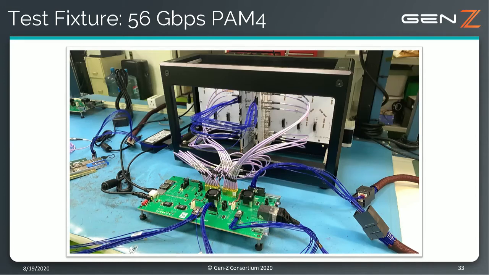There, we take 2 of those signals and we take them through our Gen-Z Scalable Connector through the backplane to a second riser card, where the signals then come back through another 14 inches of coax, back to our Bullseye and back to the retimer.